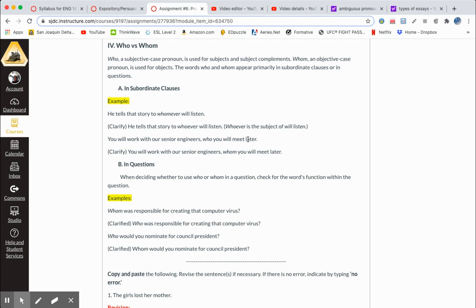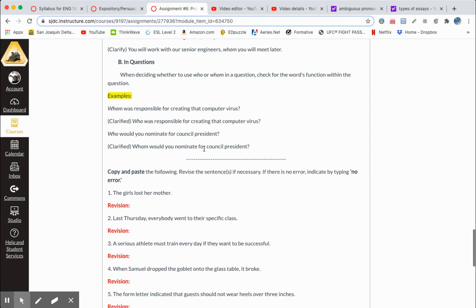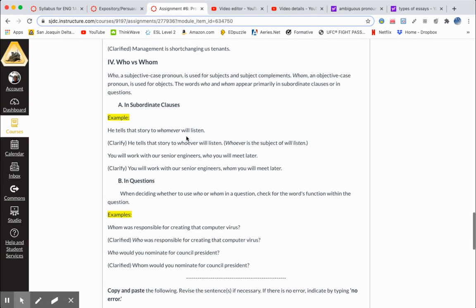It's actually supposed to be whom. You will work with our senior engineers, whom you will meet later. Whom is used as the object here. You will meet them, right? So whom is used as the object and the subject is you. Okay, so that was who versus whom in subordinate clauses.